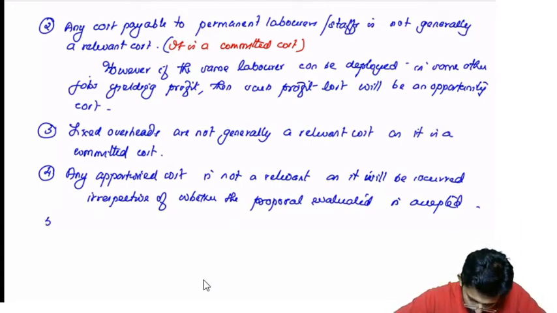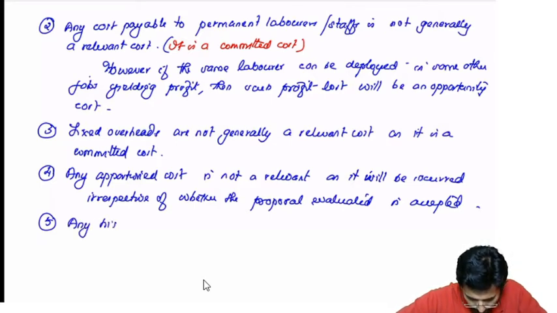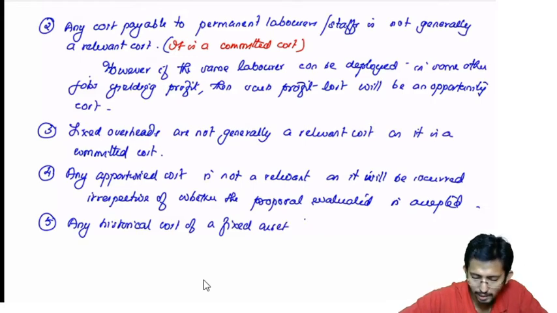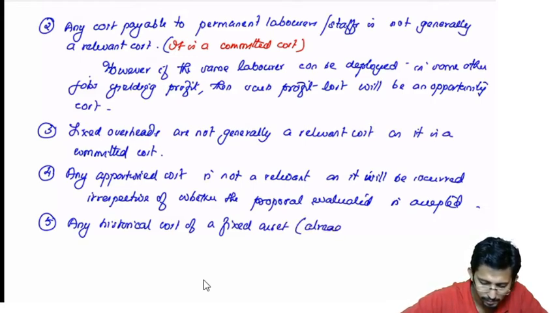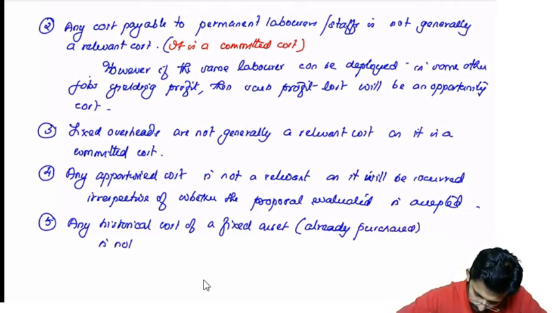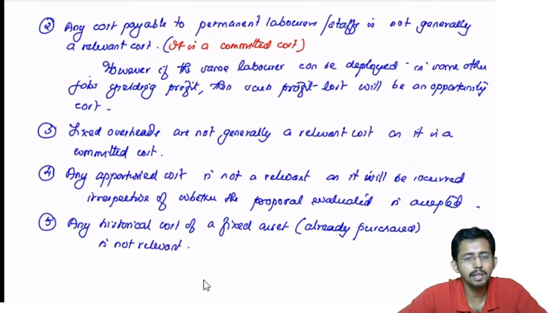Now, 5. Any historical cost of a fixed asset, already purchased, is not relevant. Why is it not relevant? Because it is a historical cost only.